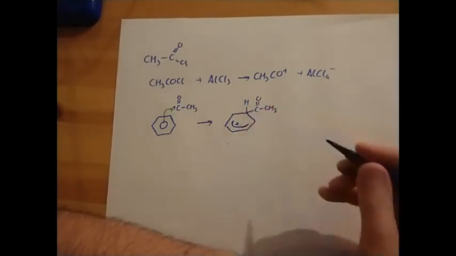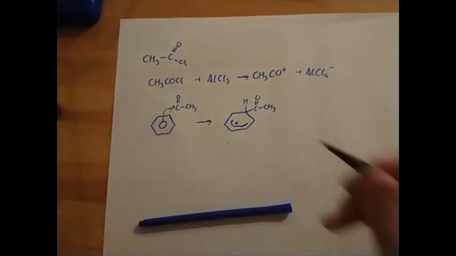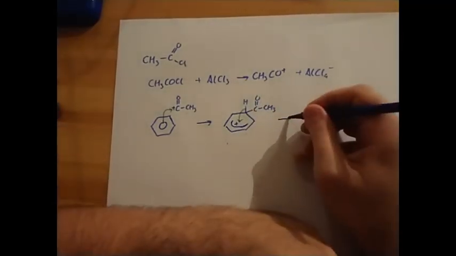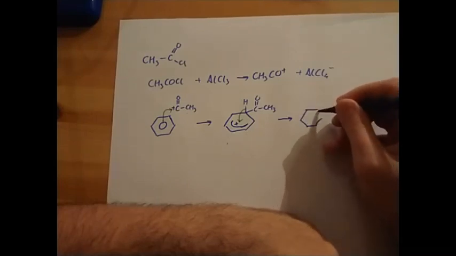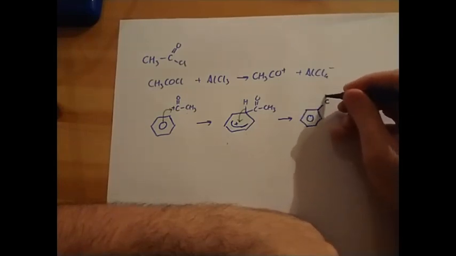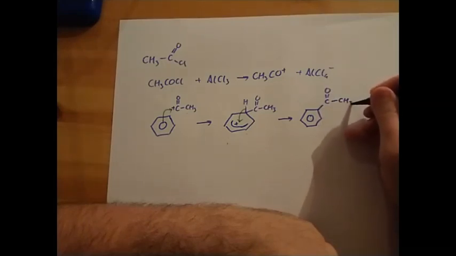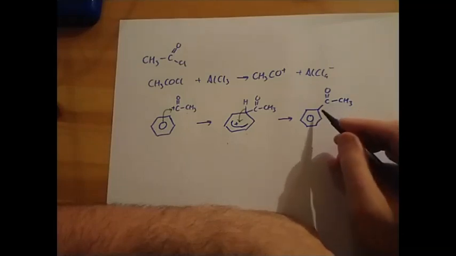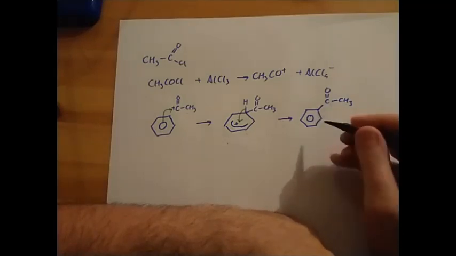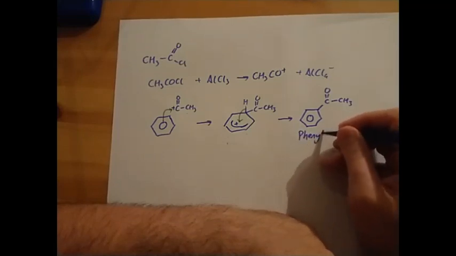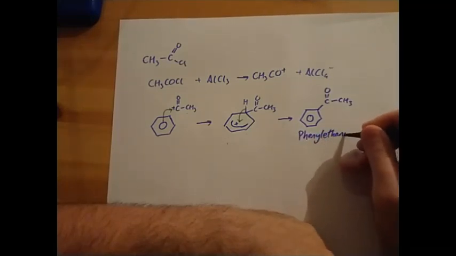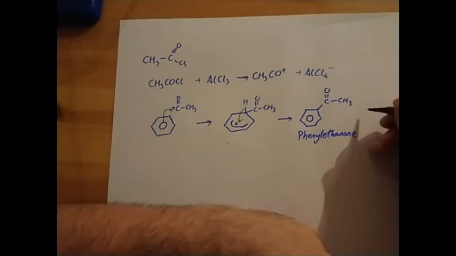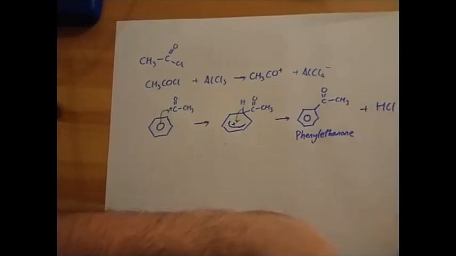As long as the plus isn't too close to that carbon, you're absolutely fine. Curly arrow from this hydrogen goes down to reform the ring. And we've got 2 carbons in our longest chain of our ketone with a big phenyl group attached. So this is phenyl ethanone, one of those weird ethanones which you get with this. And don't forget that you also produce HCl.